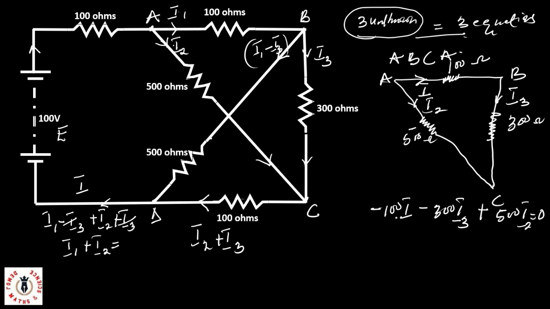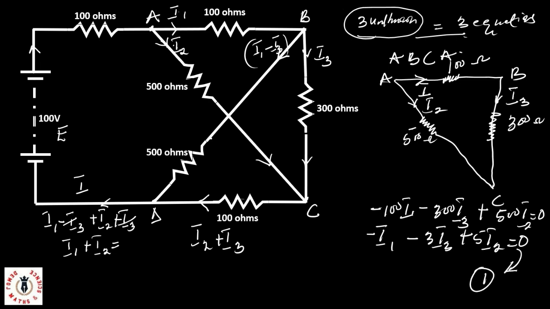They are all in terms of 100, so I can divide through by 100 to make it less clumsy. So I'll be having minus I1 minus 3 I3 plus 5 I2 is equal to 0. Let's call this equation 1.